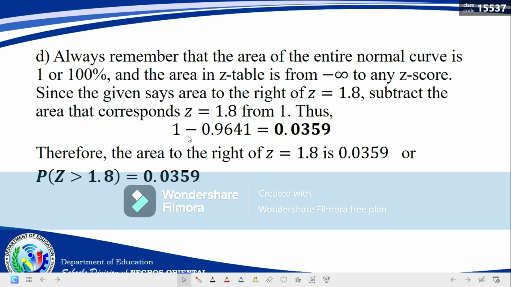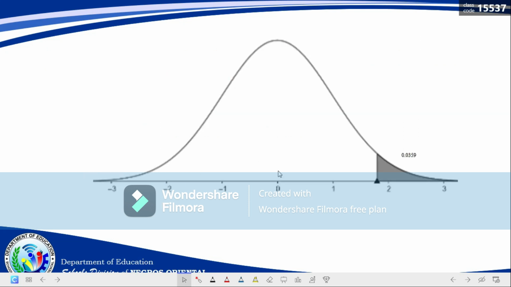Thus, 1 minus 0.9641 is equal to 0.0359. Therefore, the area to the right of Z is equal to 1.8 is 0.0359, or the probability when the Z-score is greater than 1.8 is equal to 0.0359. Okay, so that is how we're going to solve. So you're going to write here 0.0359. So this is the area.